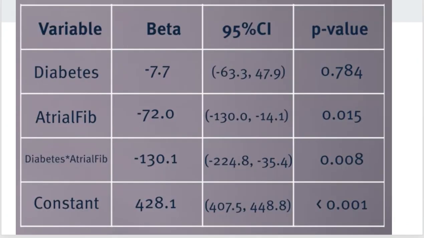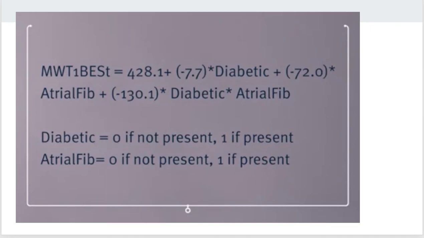When we run the linear regression model, we can get the p-value separately for diabetes and atrial fib as well as the interaction of both. And the interaction is still less than 0.05, so we can see that the interaction makes a difference for the outcome.